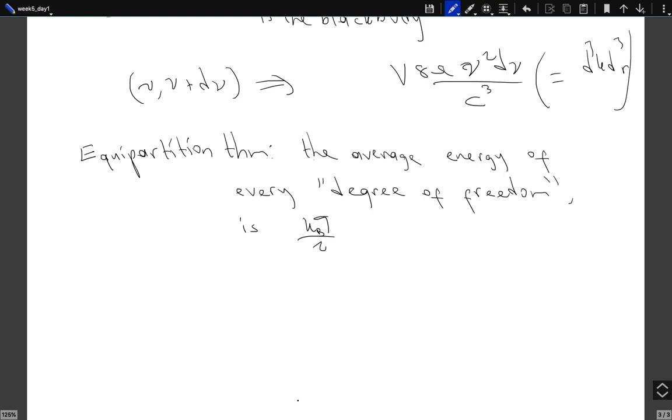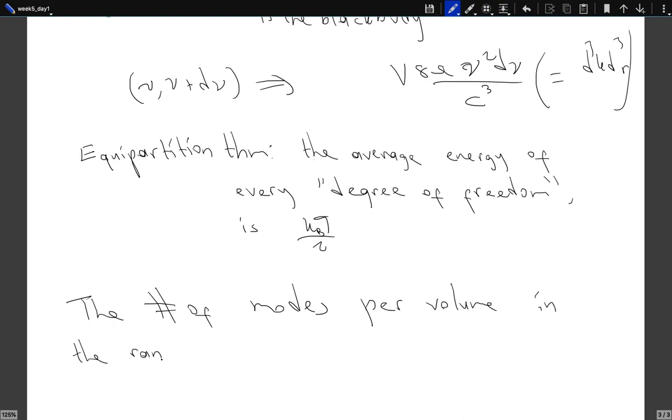Well, we have the number of modes per volume in the frequency range nu to nu plus d nu, which is 8 pi nu squared d nu over c cubed.